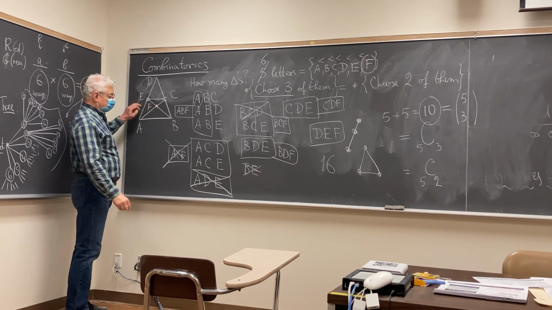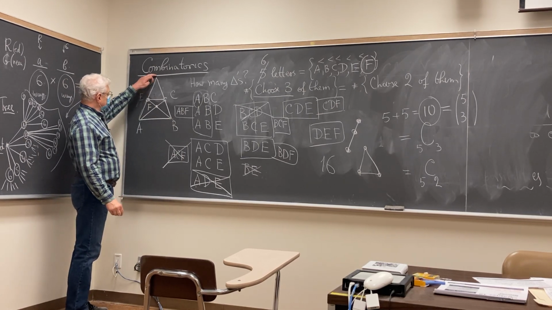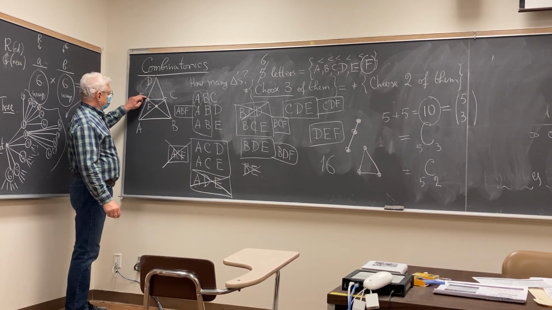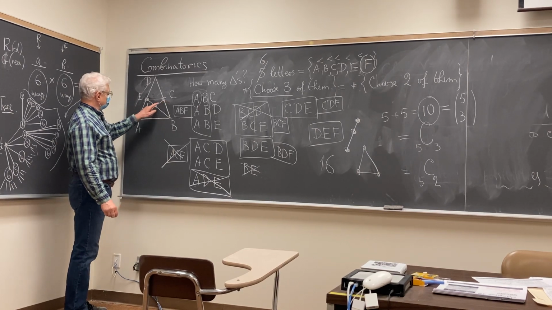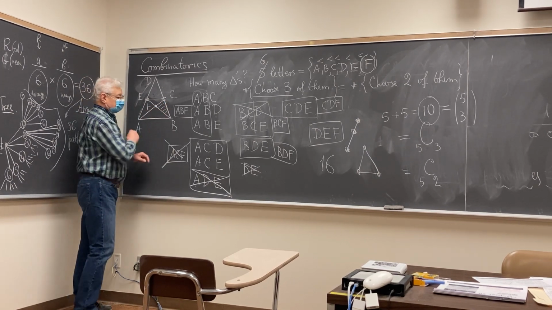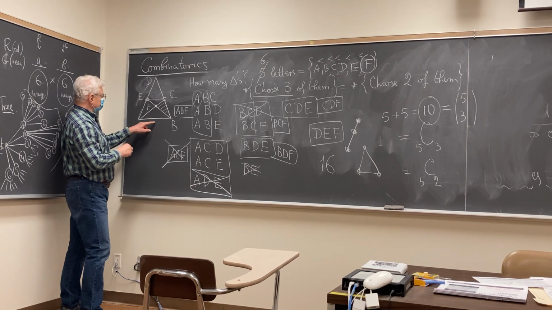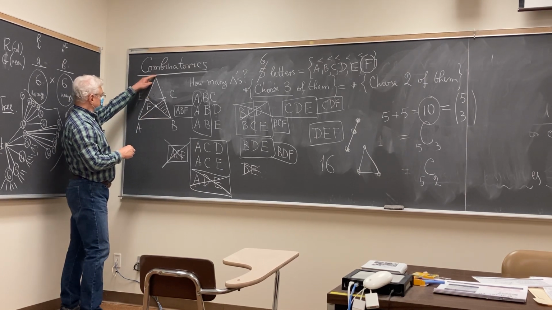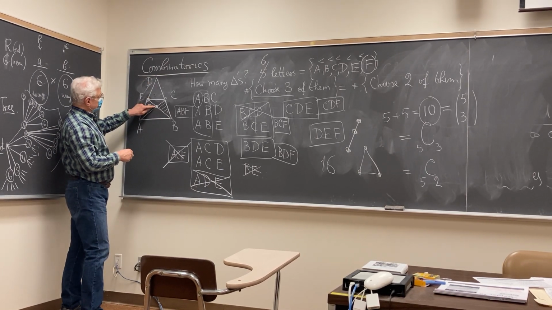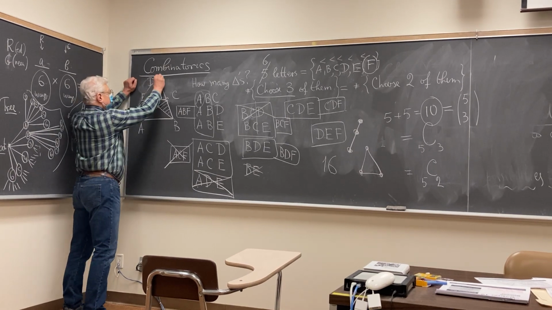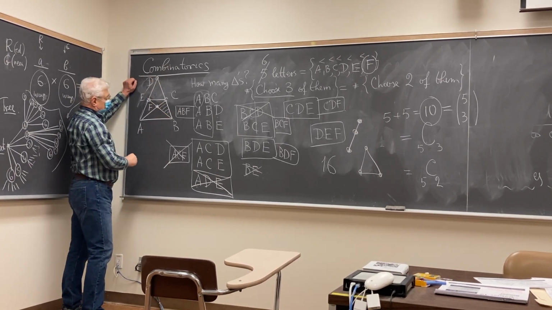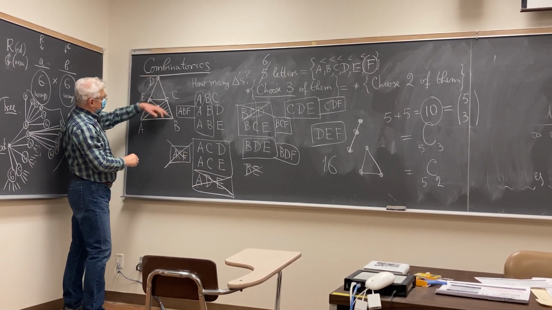Now BCE is okay, BDE is okay, BCF, that triangle is okay. BDF, actually they're not on the same line, but they do not form a triangle on this picture.